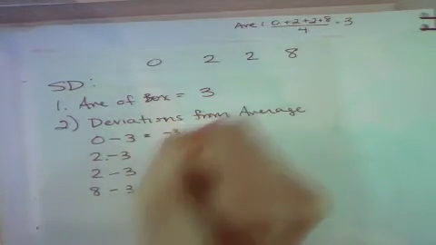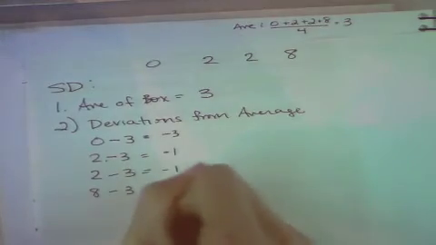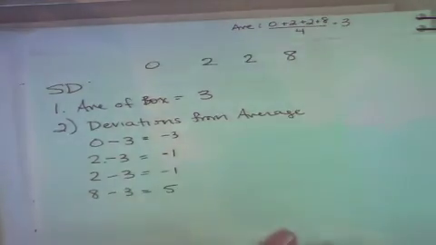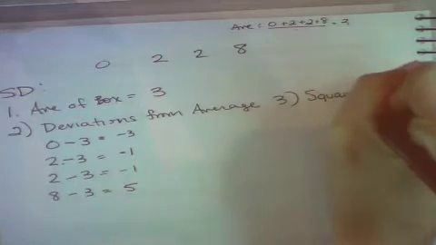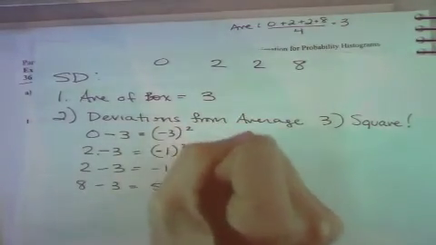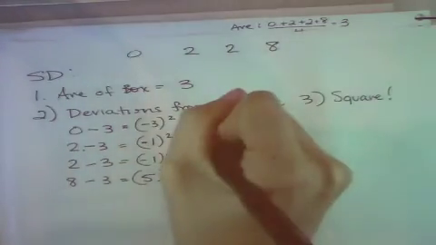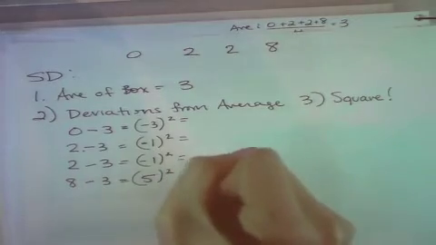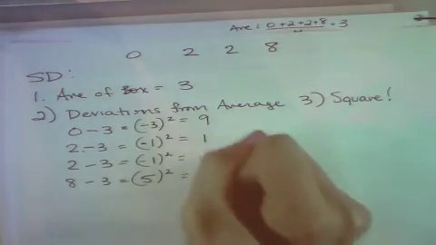We're going to get -3 here, -1 here, -1 here, 5 here. Then step 3, we got to square them. So I'm going to square this guy, square this guy, square this guy. Is this totally forgotten, or is this ringing some bells? Silence is not a good sign.